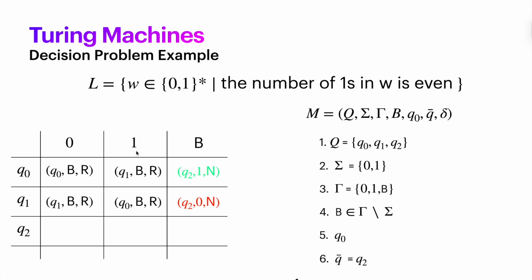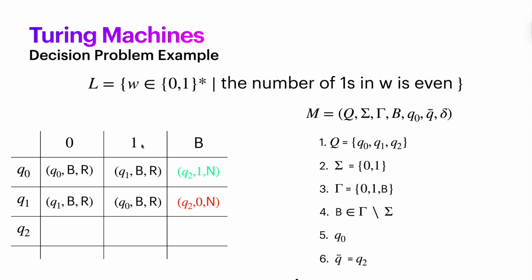So we would overwrite the current tape square by B, change our state to Q1, and move 1 to the right. Similarly, if we're currently at state Q1, which means that we have an odd number of ones so far, and we observe another one, we need to move to state Q0, overwrite the current tape square by the blank symbol, and move 1 to the right.